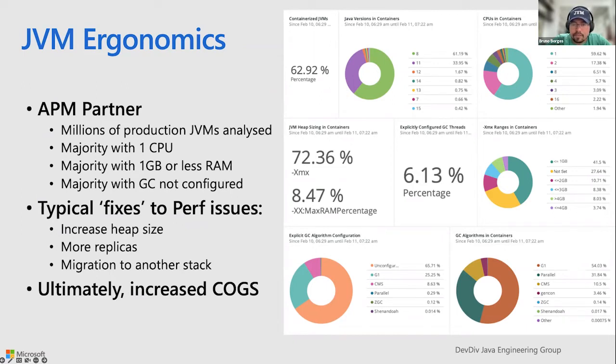But the other interesting data point is that a lot of these applications don't have a GC explicitly configured. So for some reason, the application was running with ergonomics. And potentially the reason G1 GC is being selected here is because there was a bug in the container support.